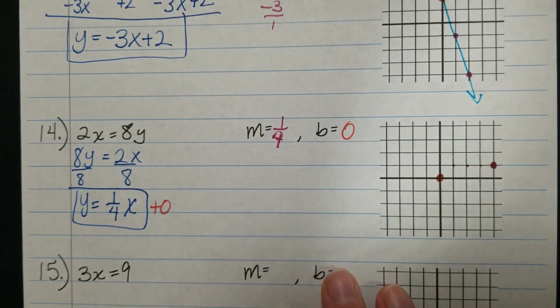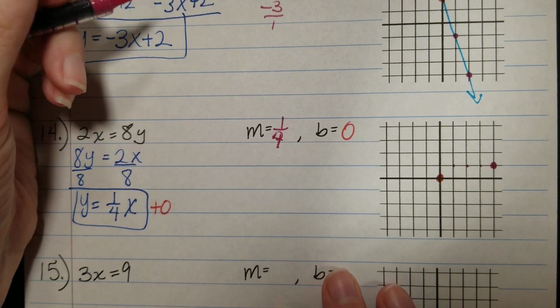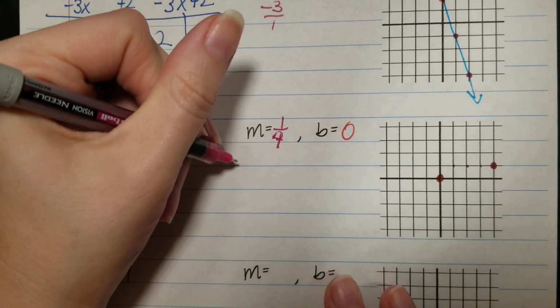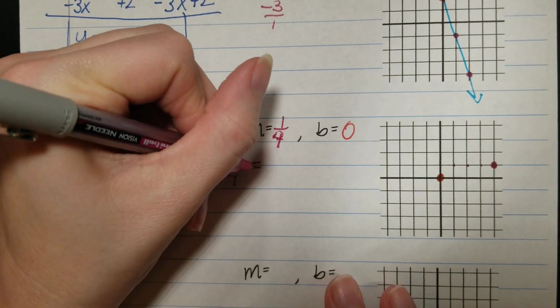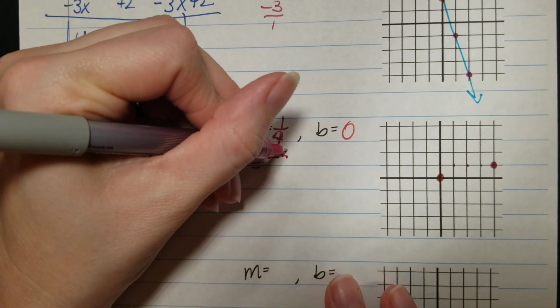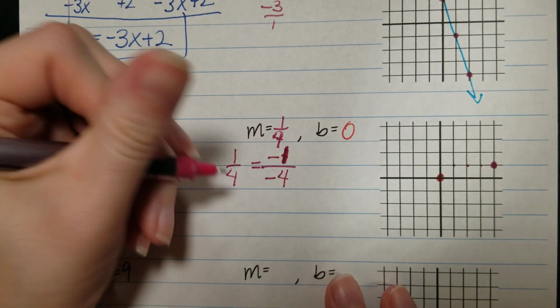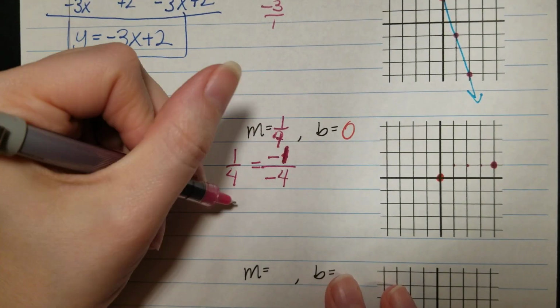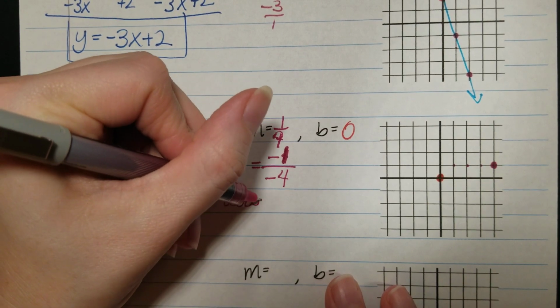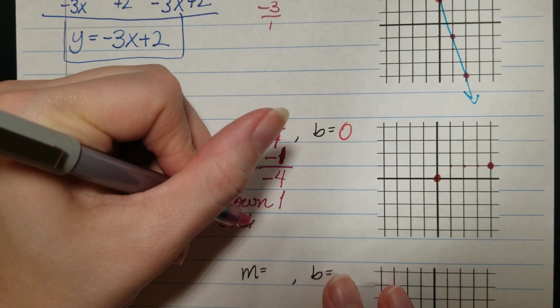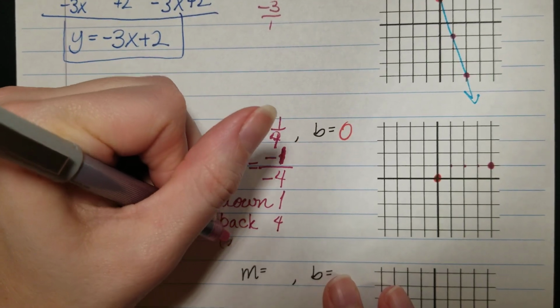All right, and it's also useful in a situation like this to think about the fact that 1/4 is the same thing as -1 over -4, which means instead of going up and over, you could also alternatively go down and backwards, or in other words, to the left.